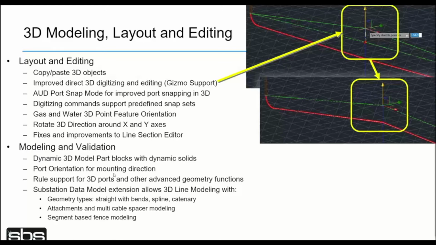So for modeling, the new dynamic 3D part capability is, again, something that in scenarios where it's needed, it can dramatically reduce the number of different predefined model sizes that are needed.